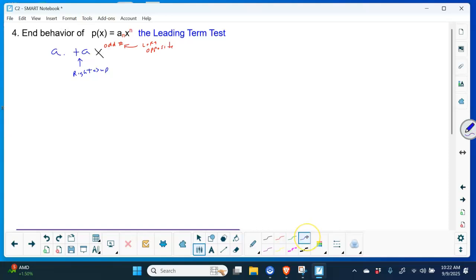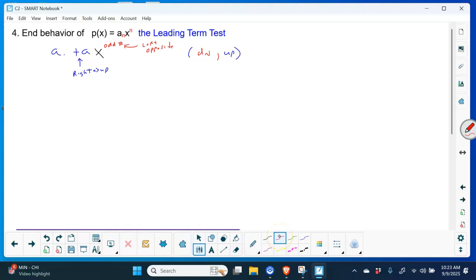So if I were saying it in words, I know that this function ends up, but it starts off opposite, so it must start off down. So this is a down, up.